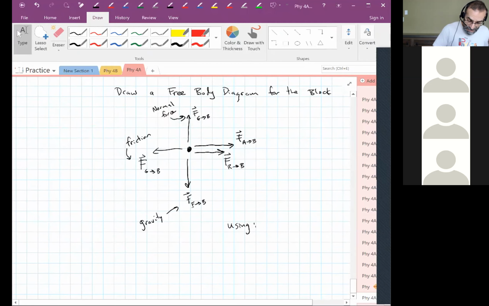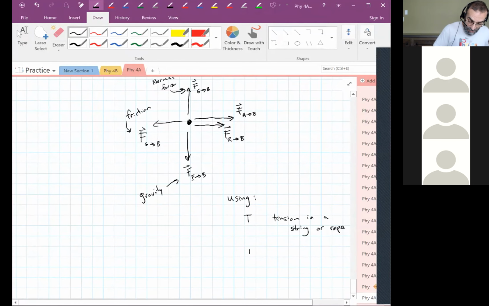T is a good one for tension in a string or rope. Capital N, normal force. We use a lowercase f typically for friction.